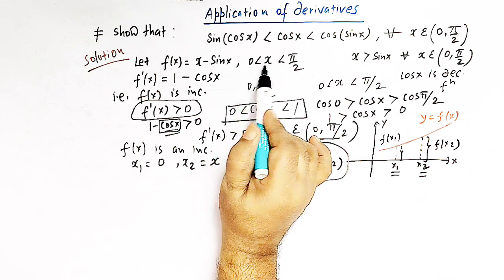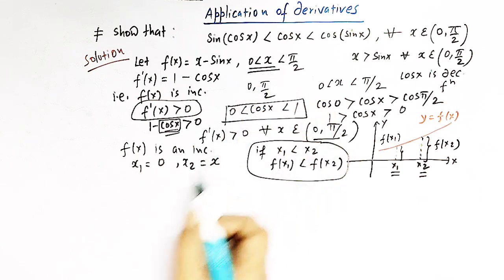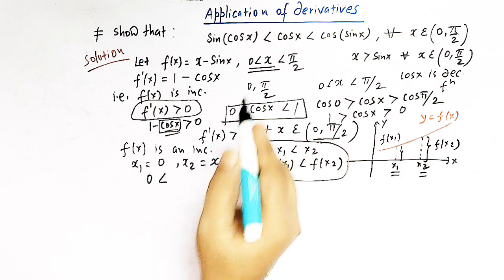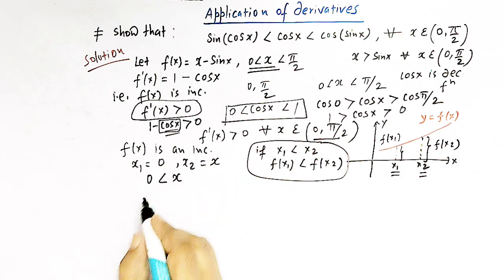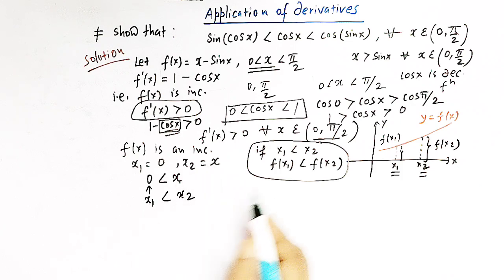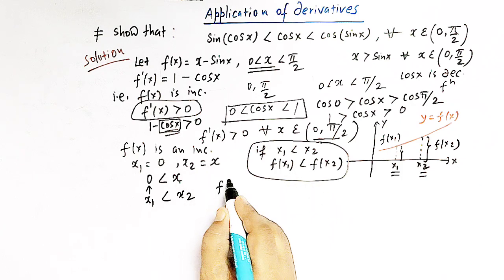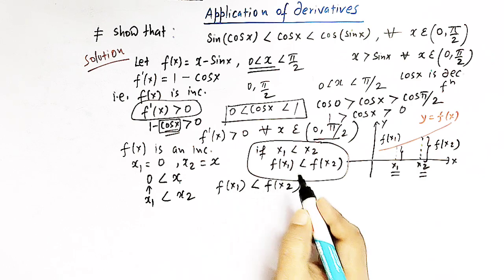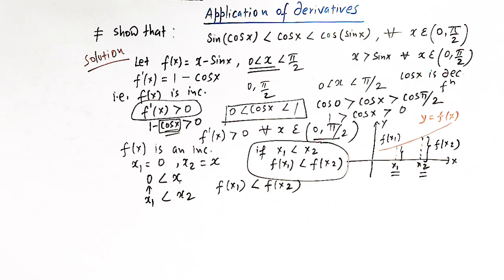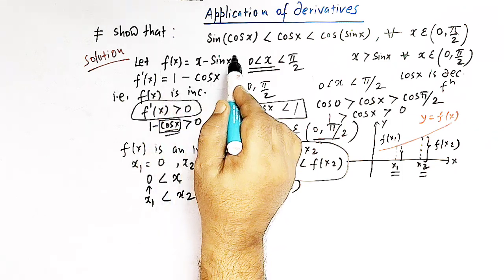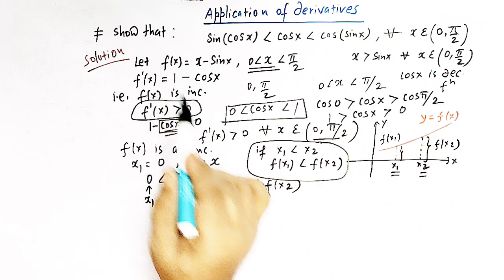So here we have this inequality, that is x is greater than 0. Now this 0 is our x1 and this x is x2. So by this definition, f of x1 must be less than f of x2 when x1 is less than x2. Now f of x1 can be obtained by replacing x by x1.